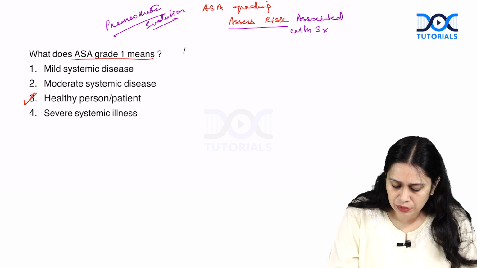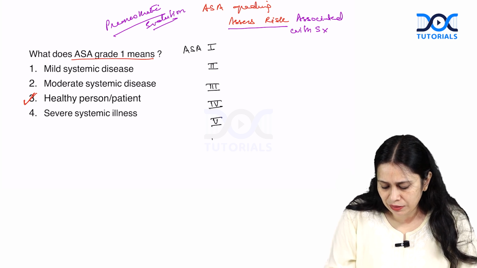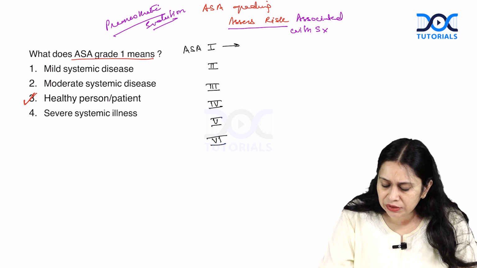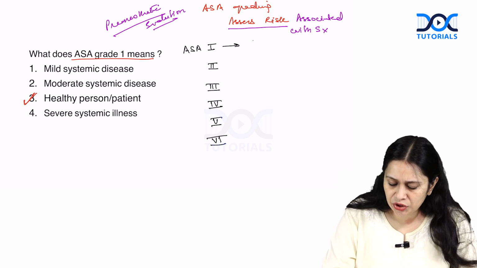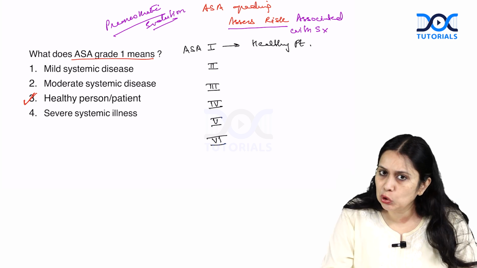We have ASA grades 1, 2, 3, 4, 5 and 6. ASA grade 1, the patient doesn't have any comorbidity, a healthy patient with no comorbidity.